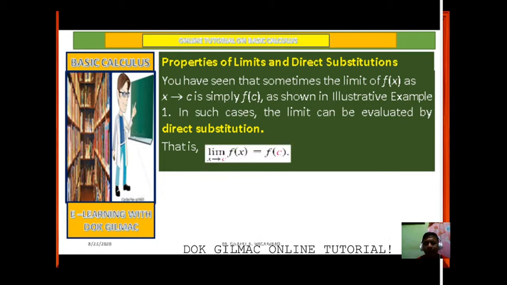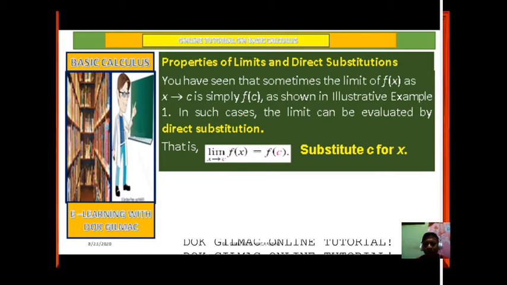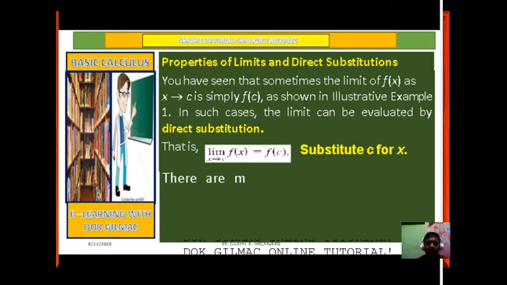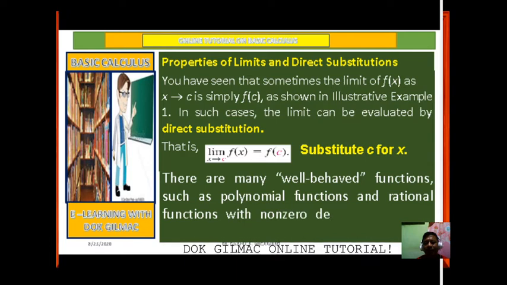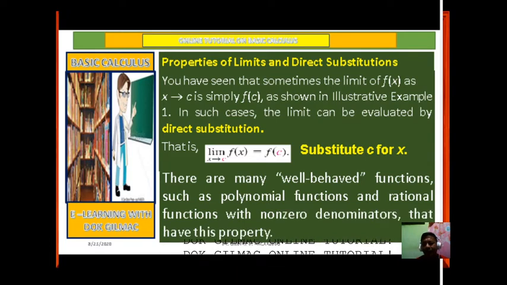That is, the limit of f of x as x approaches c is just equal to f of c. Substitute c for x. There are many well-behaved functions such as polynomial functions and rational functions with non-zero denominators that have this property.